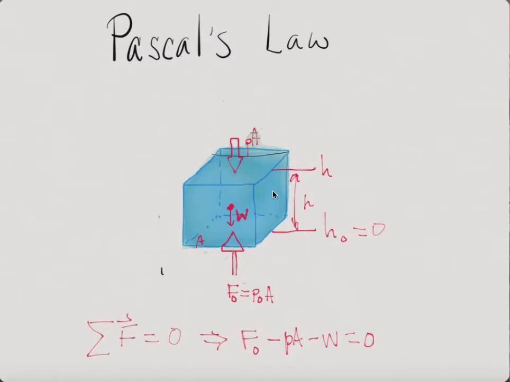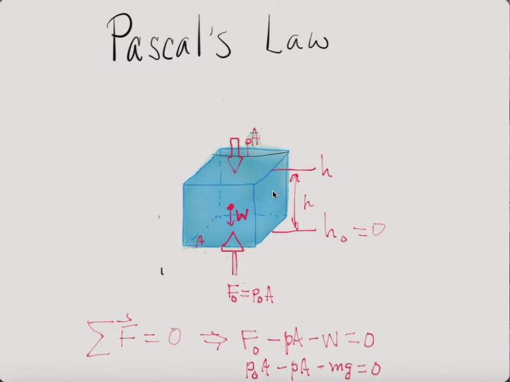So let's just continue right on. We can go ahead and write the pressure initial, or pressure at our reference point, times A, minus pressure times A, minus the weight of the fluid, and that's just going to be M times G, equals 0.